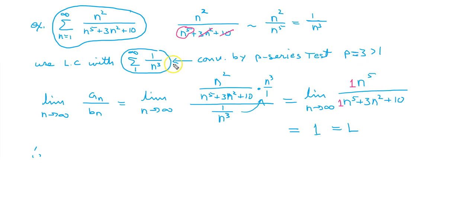And so since this converges, this one will also converge. So that we can say, therefore, that converges by limit comparison. Okay, so that's how we use the limit comparison. Let's take a look at another example.